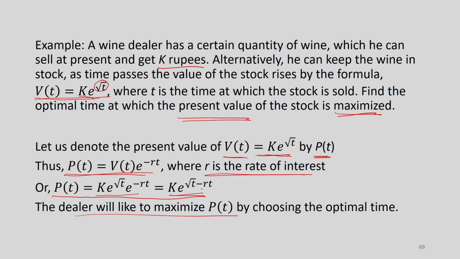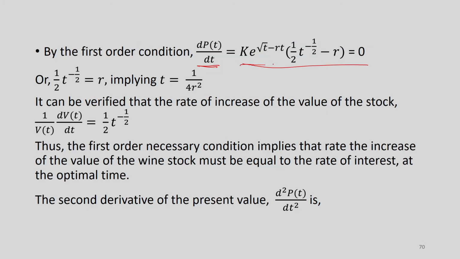So, k multiplied by e to the power a function of t will be equal to k multiplied by e to the power that thing, whatever it is, root over t minus Rt, multiplied by the derivative of this. So, this is the substitution method, and if you take the derivative of root over t minus r of t, then you get half of t to the power minus half minus r. So, the whole thing should be equal to 0 by the first order condition.